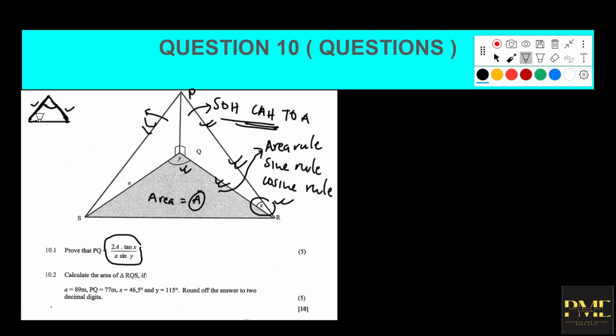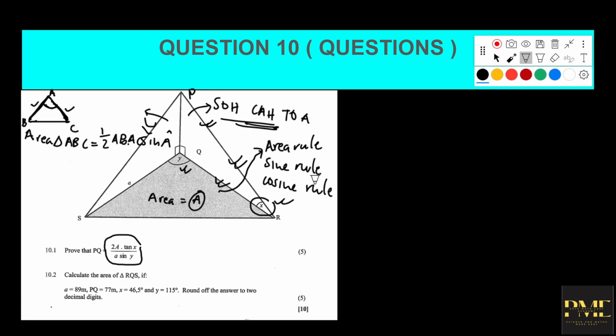So what is the area rule formula? The area of, let's say, triangle ABC, is equal to half of this side, in other words the first of the sides next to the angle, so AB times AC, and then sine of the angle enclosed, which is A in this case. Depending on what you have, you can plug in and find whatever you want.